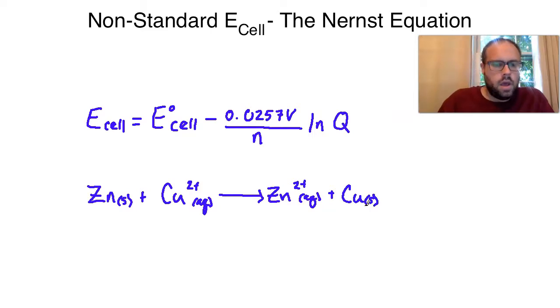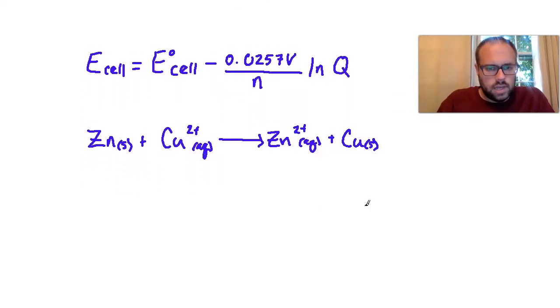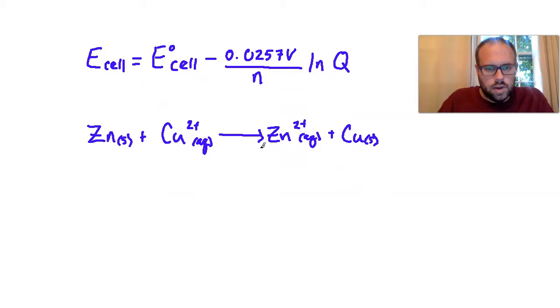All right. Now technically since we're talking about equilibrium, we should have an arrow going this way, right? But if I wanted to talk about Q, it's the products over the reactants.